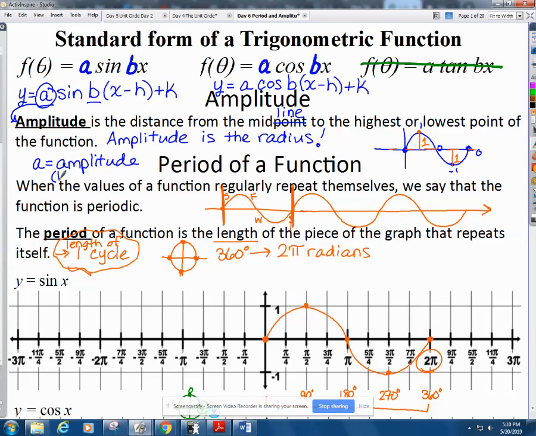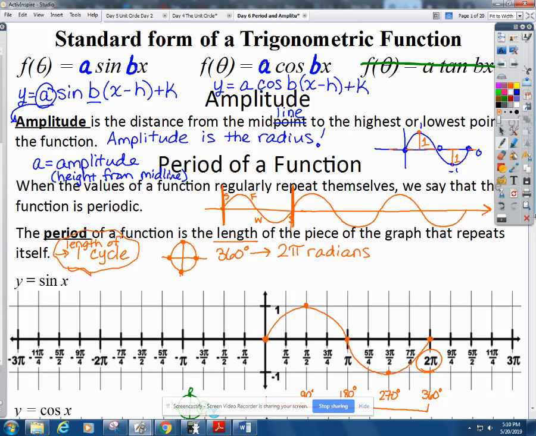Which is the height from the midline. The period of a function is the length of the piece of the graph that repeats itself, so the length of one cycle.